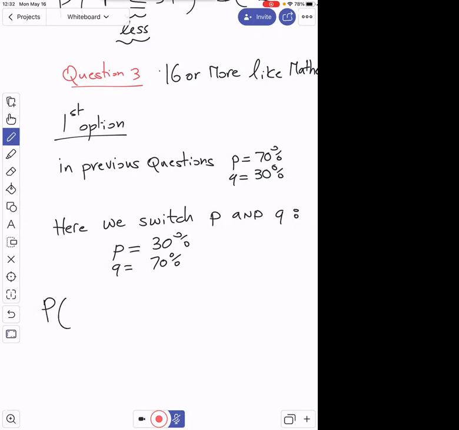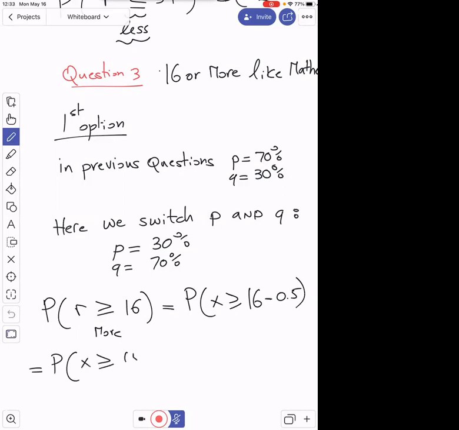Then you need to find the probability that R is more or equal to 16. You convert to X as usual. So X is more or equal to, and since this is more, you move your 16 a little bit to the left. You subtract 0.5. This is the same as the previous questions. So this is X more than 15.5.